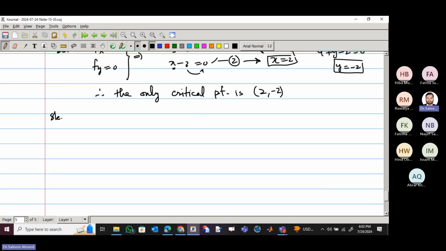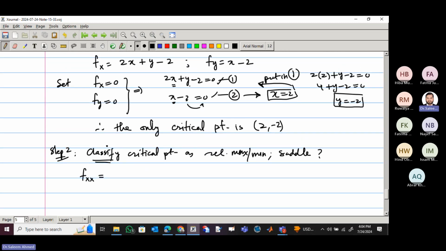Now, step 2 is to check whether it's a maxima, minima, or what. We can also call it classifying the critical point as relative maxima, relative minima, or saddle, or it may not be anything. This is called the classification of a critical point. For that we calculate second derivatives. fxx, which is fx with x, gives me only 2.